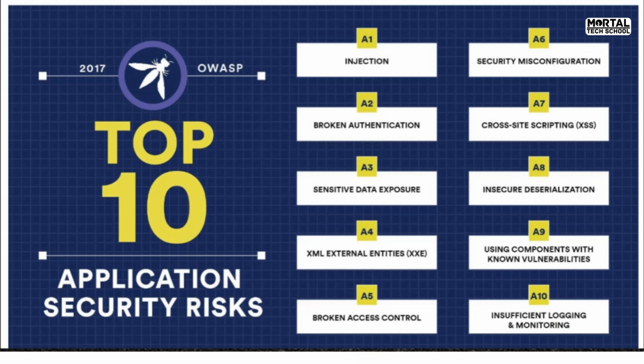The next, A2, is broken authentication. What is broken authentication? An attacker uses vulnerabilities in the authentication or session management functions such as exposed accounts, session IDs, logout, password management, timeouts, remember me things, secret questions, one-time passwords, account updates, and others, just to impersonate other users.